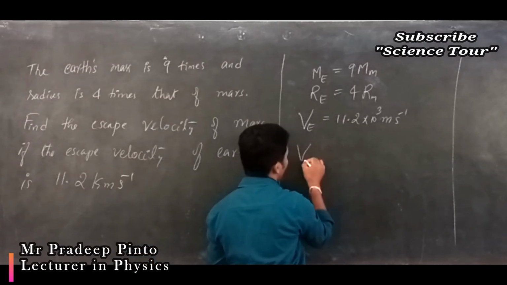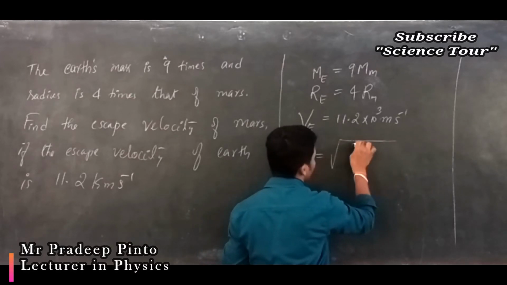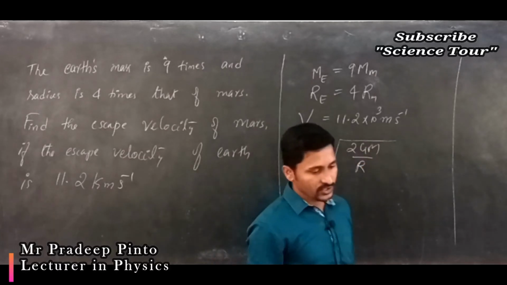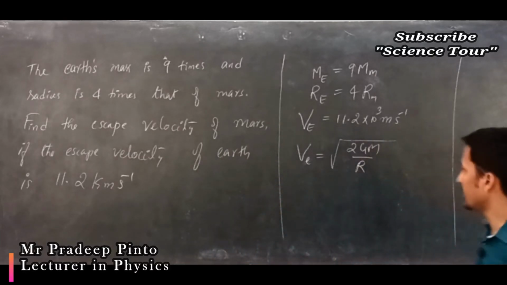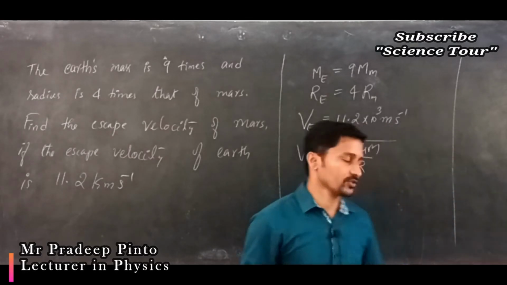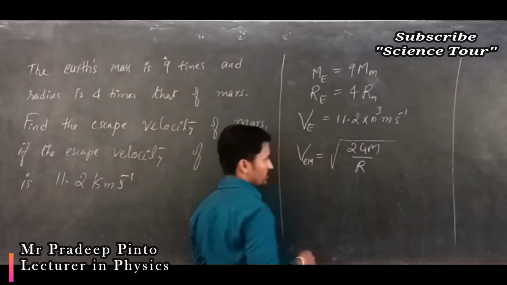The escape velocity you can write down as square root of 2GM by R, square root of 2GM_E by R. Now I have written the escape velocity of earth, but Mars I have to find out, so escape velocity of Mars I am going to write down.